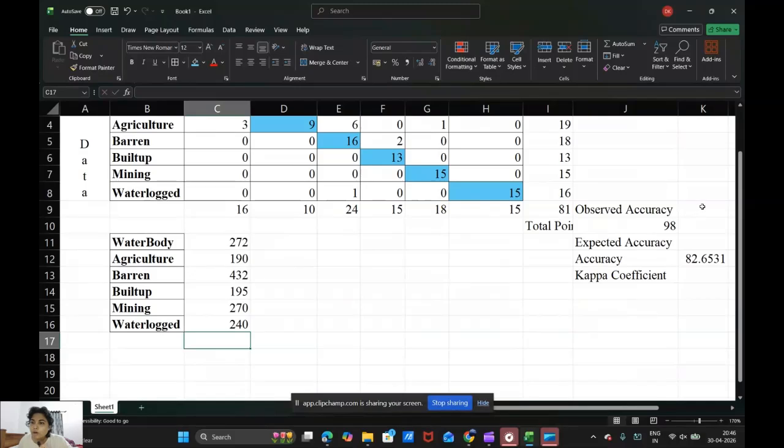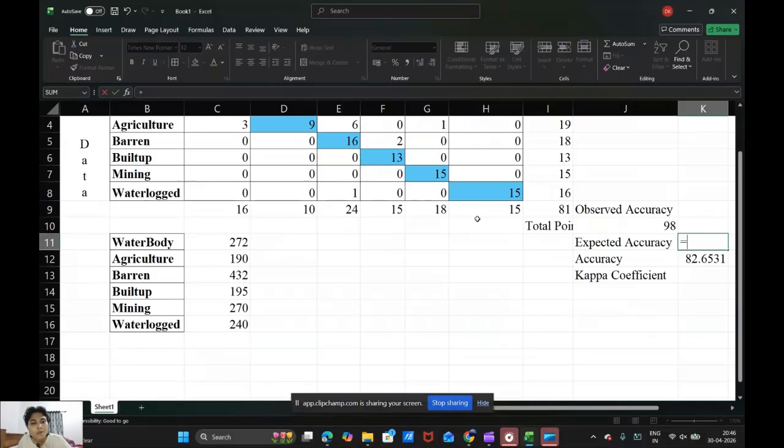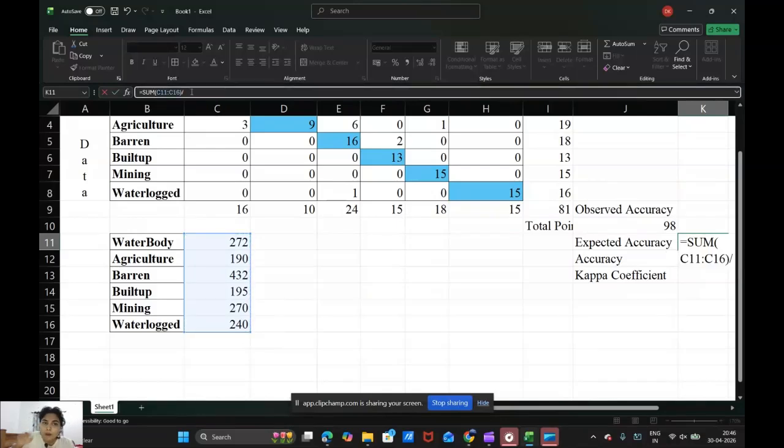Now what do we do? For finding the observed accuracy, I'm sorry, not observed accuracy, expected accuracy. To find the expected accuracy, I'm taking a sum of all this, and then I am dividing it by the square of total points.